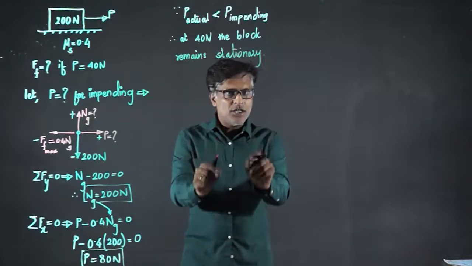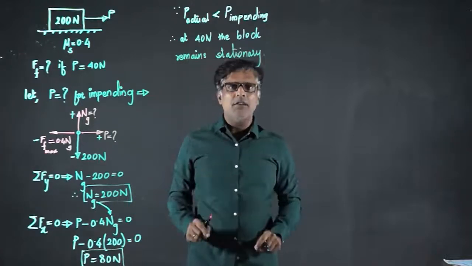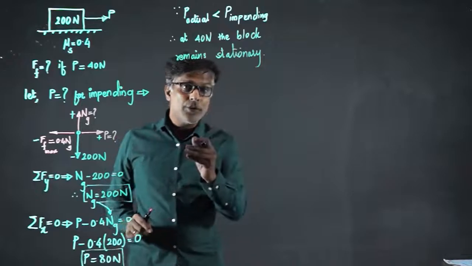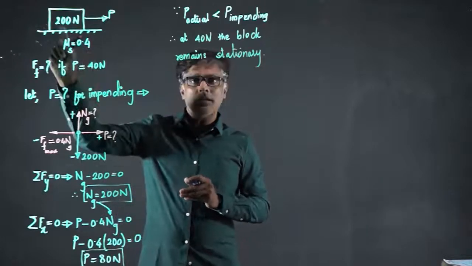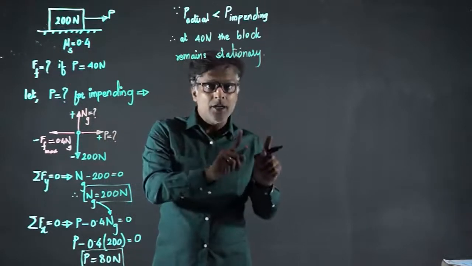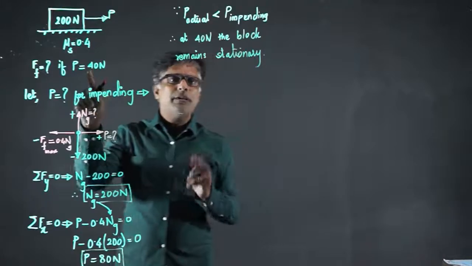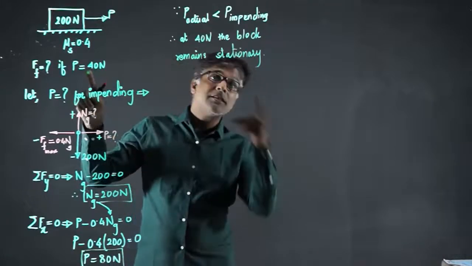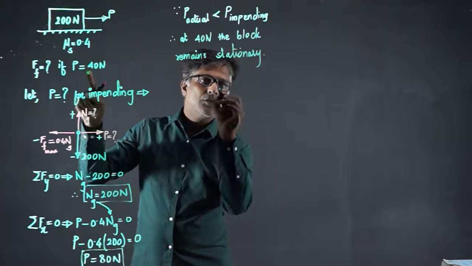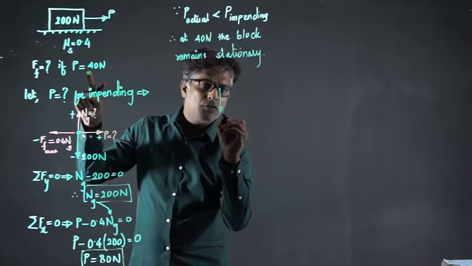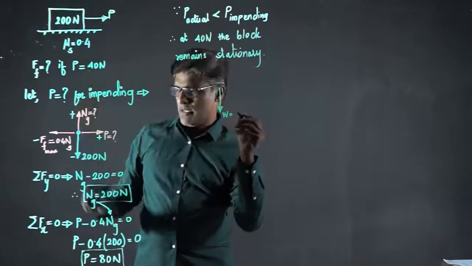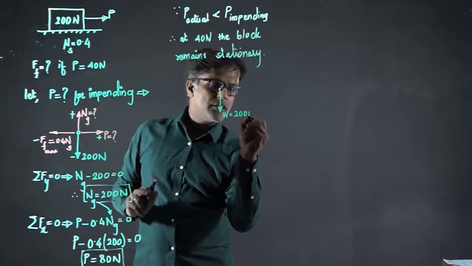And if it is stationary, remember we still have equilibrium. We can now draw the free body diagram of the same block again with the value of P as 40, because we know what happens at 40: it remains stationary. So, the first and most obvious force would be the 200 Newton acting downwards.